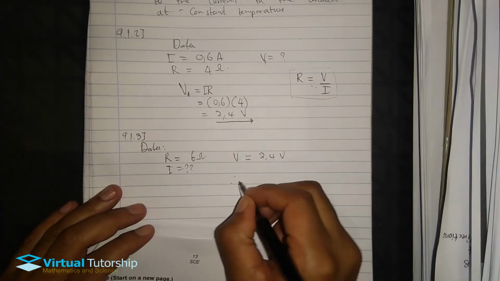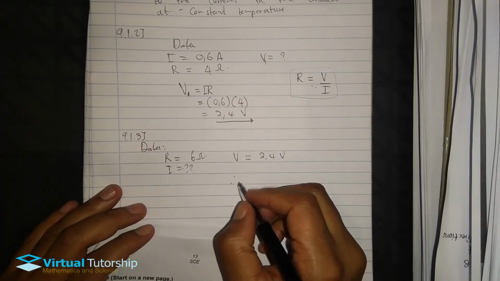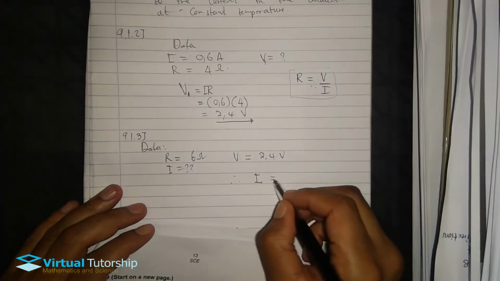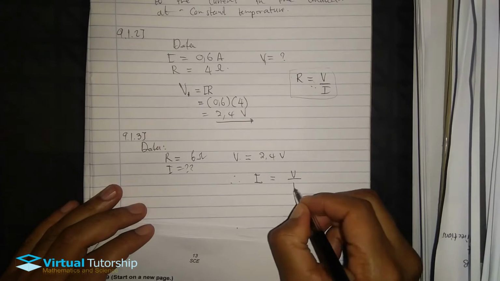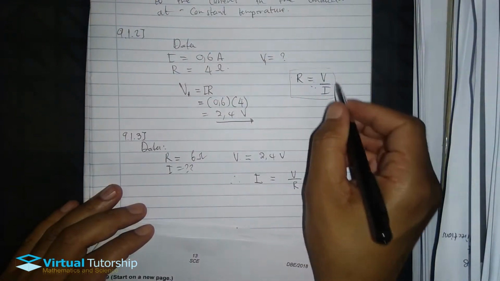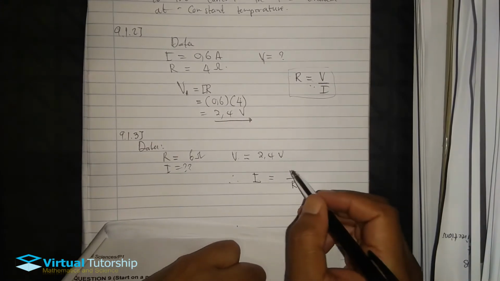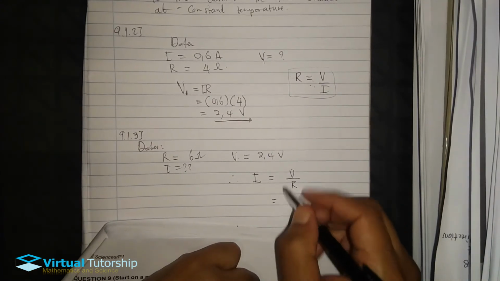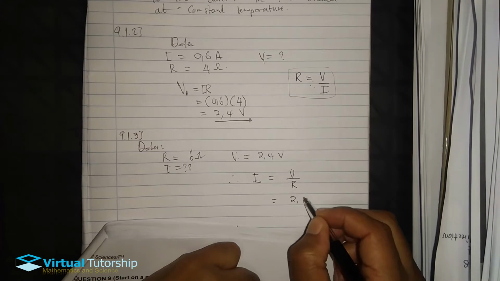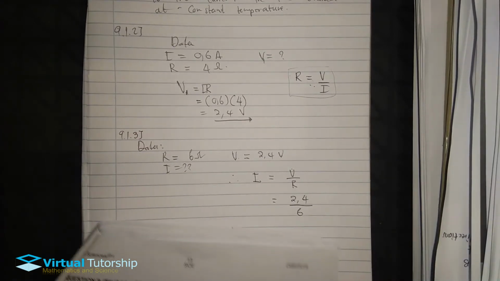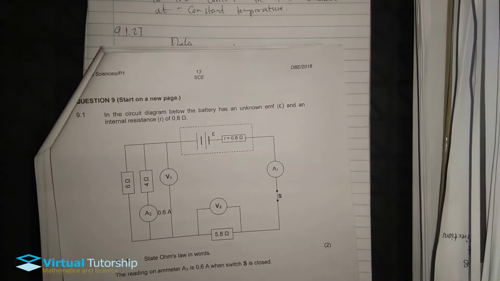Now we want current again this time. Current, by manipulating this equation, is going to be equal to V over R: cross multiply, divide by R on both sides, we end up with I equal to V over R. Now the voltmeter reads 2.4, the resistance is 6.